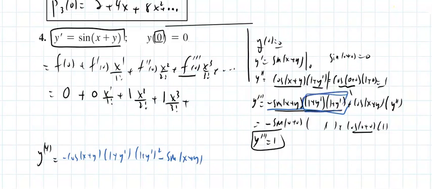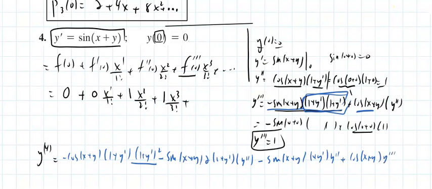Remember, this is going to be this thing squared, so you bring the power down, subtract 1 from the power, times y double prime, product rule, minus the sine of x plus y times 1 plus y prime times y double prime plus the cosine of x plus y times y triple prime.